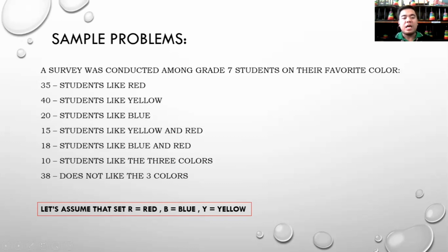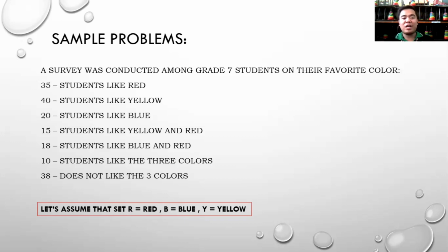Pag sinabi natin 15 students like yellow and red, meaning dalawa yung pinili nila. Pag may magsa-survey, tapos i-check natin yung gusto natin, di ba may mga instances na pipili tayo ng dalawa.